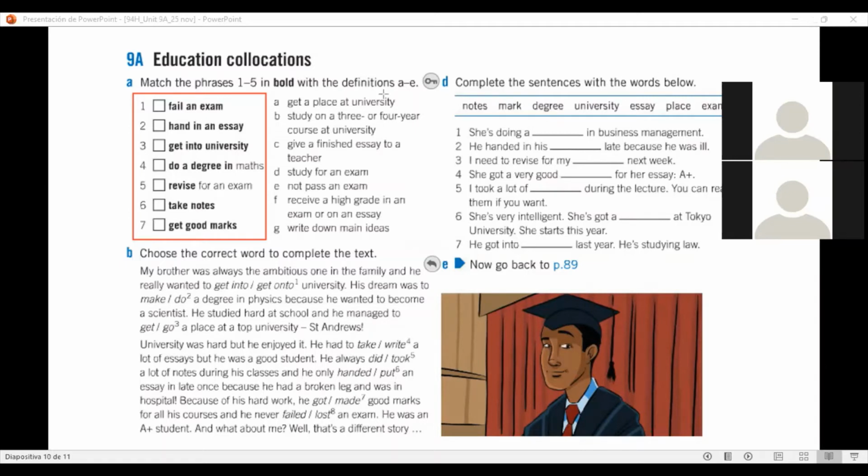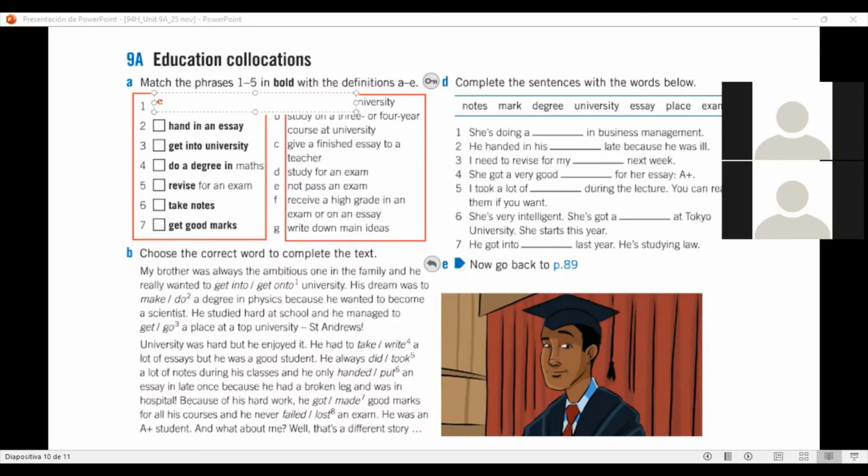So what do you think is the meaning of fail an exam? Can you help me matching with the ones over here? ¿Me ayudan a unir las frases con los significados? ¿Cuál sería el Not pass an exam. Exactly. To fail an exam is to not pass an exam, right? Sería reprobar el examen, ¿no?